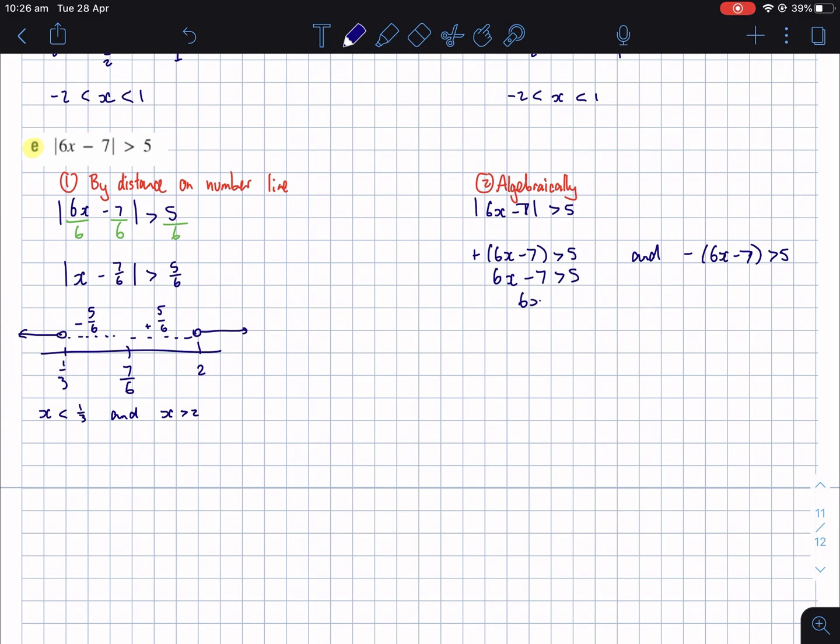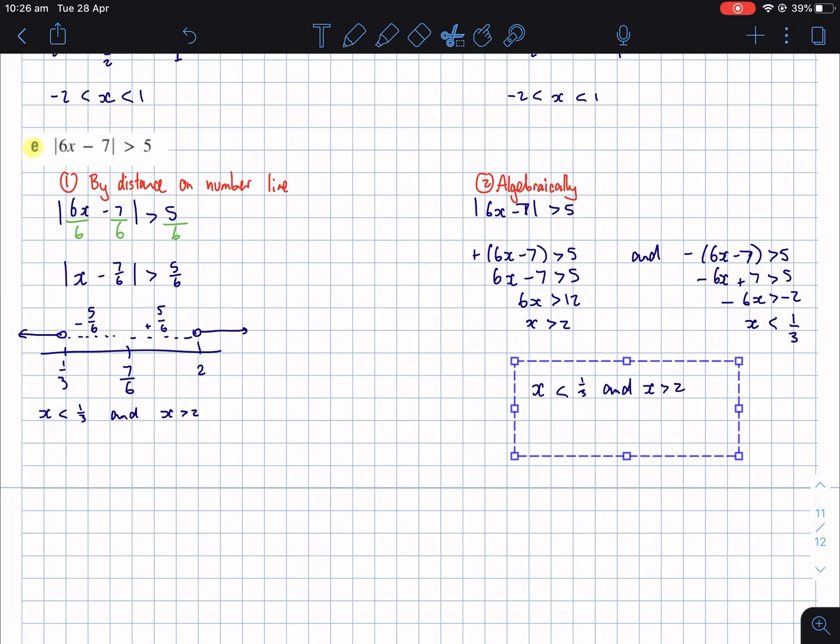So 6x is greater than plus 7 is 12. So x is greater than 2. Here we've got negative 6x plus 7 is greater than 5. So we've got negative 6x is greater than negative 2, which means x is less than negative 2 on negative 6, positive a third. Which means x is less than a third and x is greater than 2.